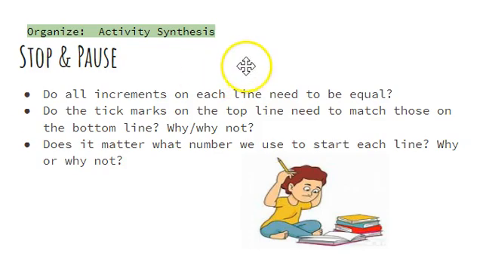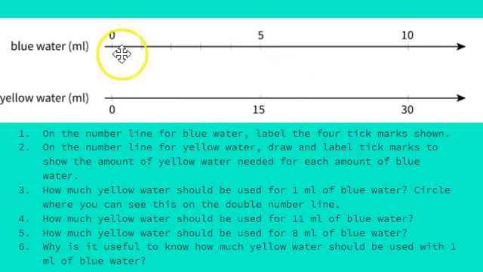And it does matter where we start each line. Both of the lines have to start back at 0. It's cleaned off now, but if we look back on our original line, they both started off at 0. The reason we started them both at 0 is that we had the same beginning and our tick marks lined up identically, even though they represented different amounts, because they had to represent the amount that went with them.